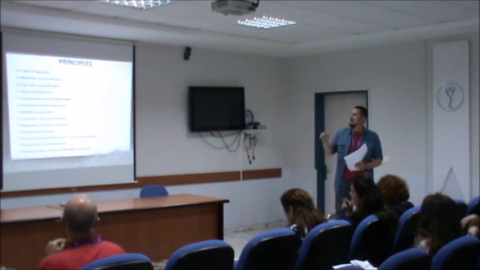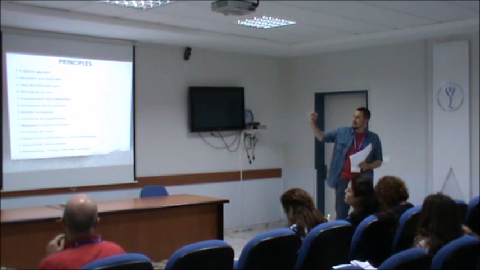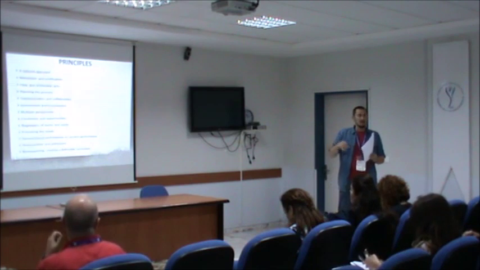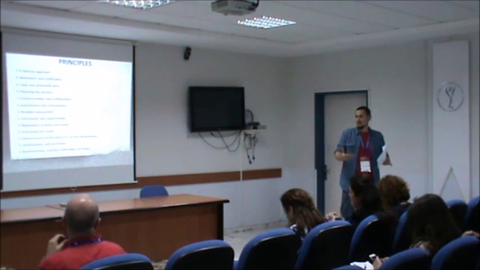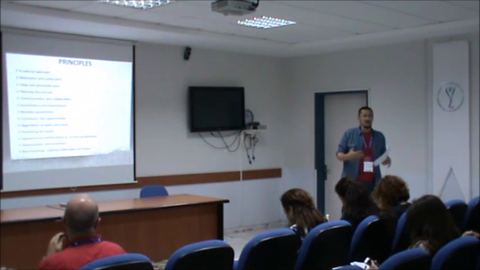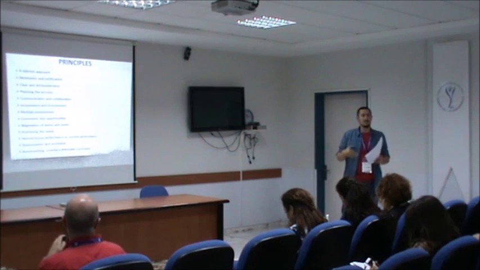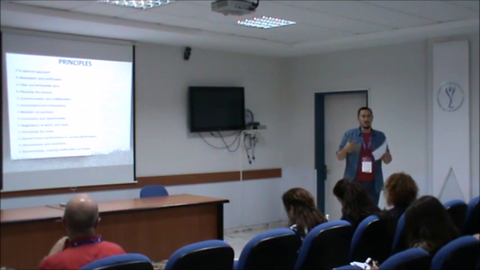And in all the processes, you should see 3 points: communication, collaboration, and inclusiveness. During the process, all the stakeholders should communicate with each other and collaborate, and the experts should collaborate with the stakeholders.